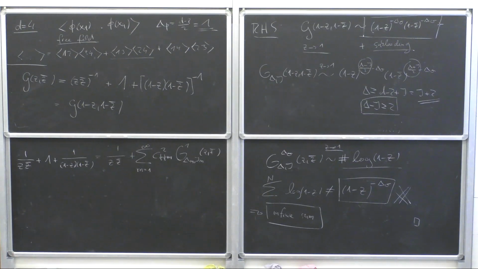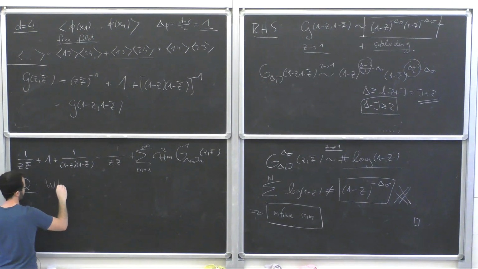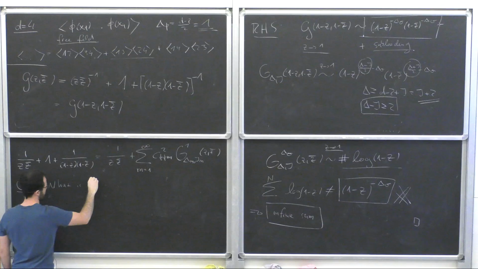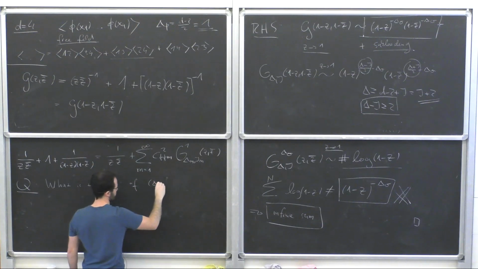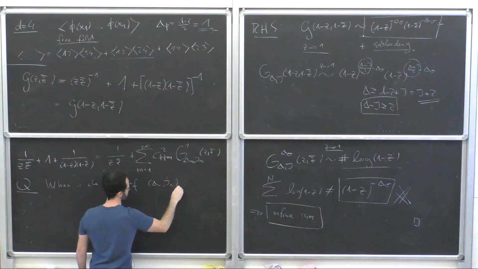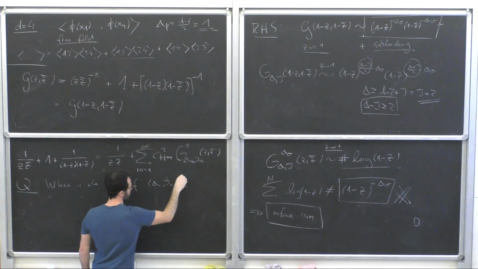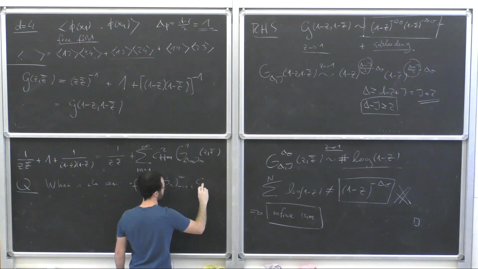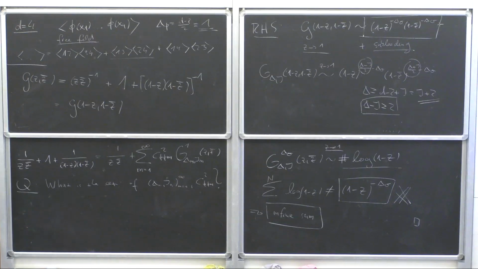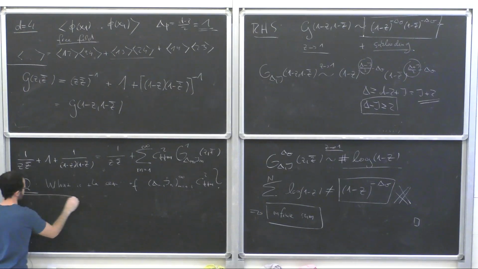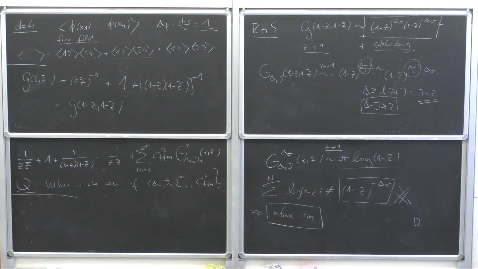Okay, so what remains to determine is what is the set of delta MJM and what are the corresponding structure constants. And here it's not very hard to actually figure out.